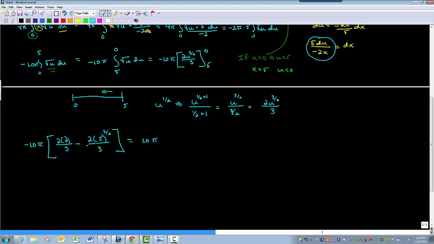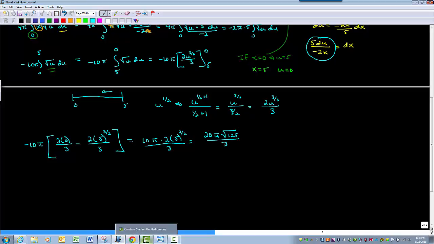This will give us a negative times a negative, positive, so 10 pi times 2 times 5 to the 3 halves over 3. And so this will give me 20 pi, 2 times 10 is 20. Now 5 to the 3rd power is 125, so the square root of 125 over 3, like that.